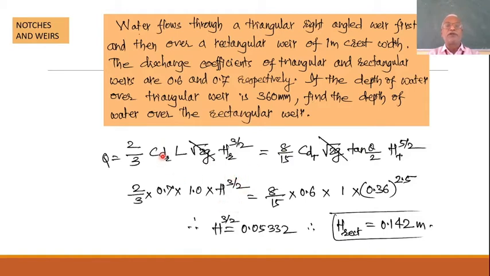All these values are given: 0.7, 0.6, 0.36. If you simplify, h raised to 3/2 equals 0.05332, and raising both sides to 2/3, you will get the head over the rectangular notch as 0.142 meters. Though the problem looks lengthy, it is easy to solve, right?